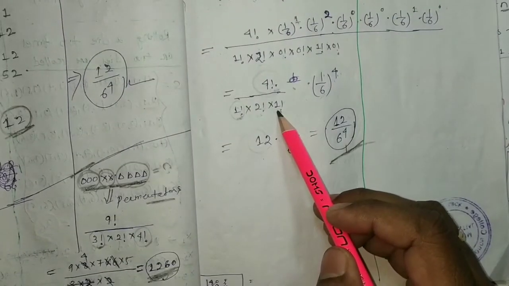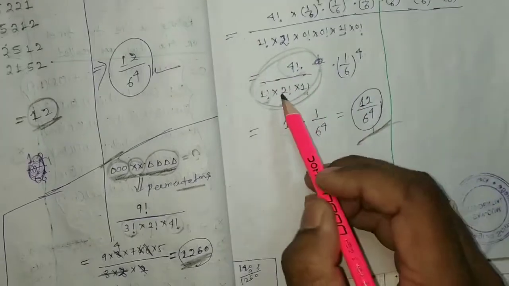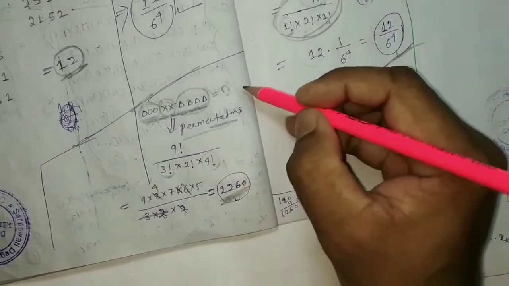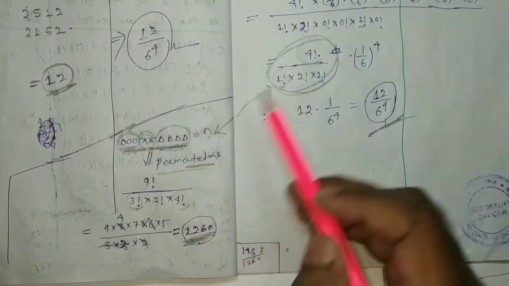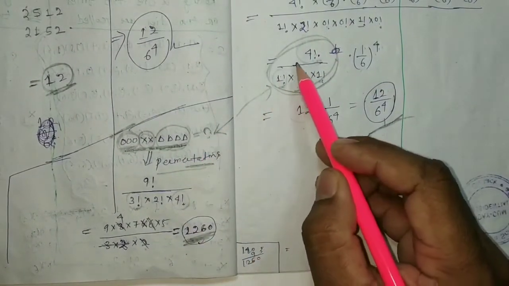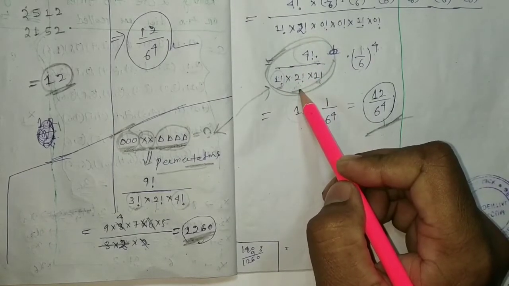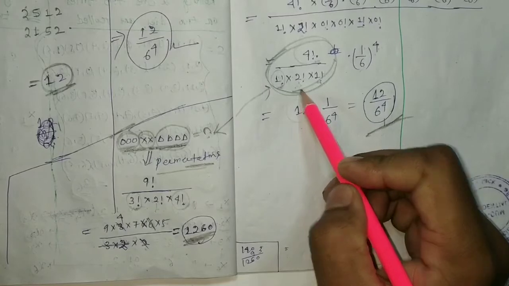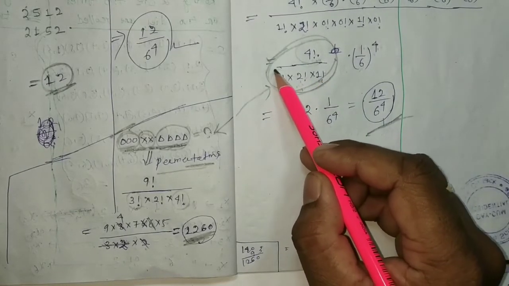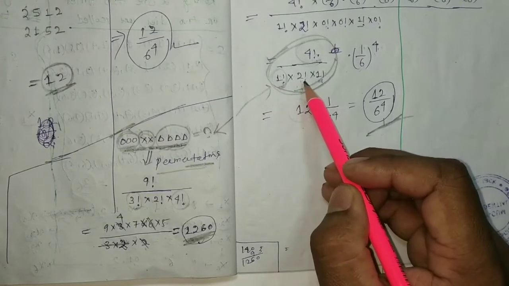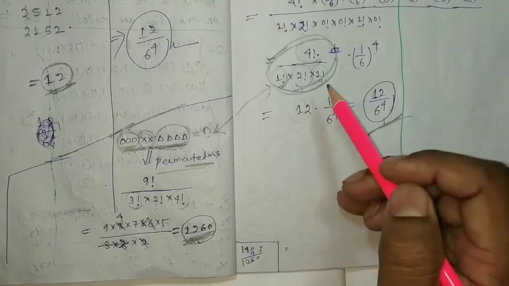This is nothing but the permutations or arrangements. You just connect this one and this one. So this is nothing but the permutations or arrangements of four objects having one of one kind, 2 elements of another kind, and 1 element of another kind.